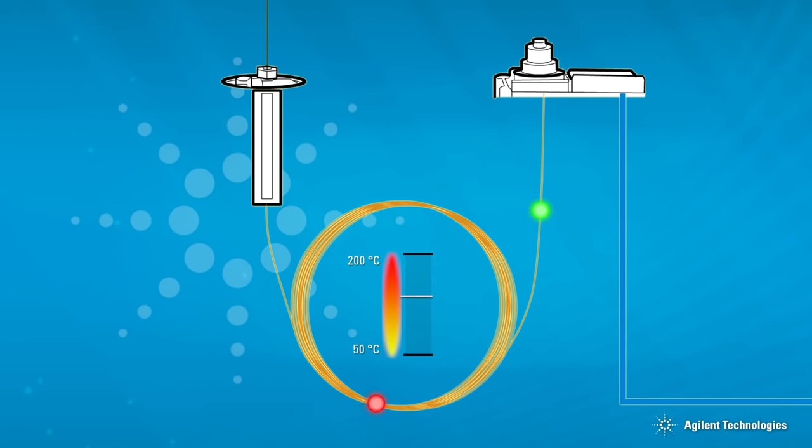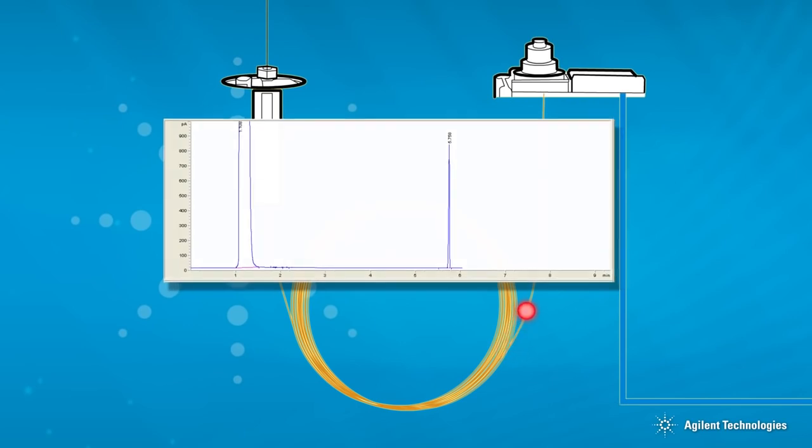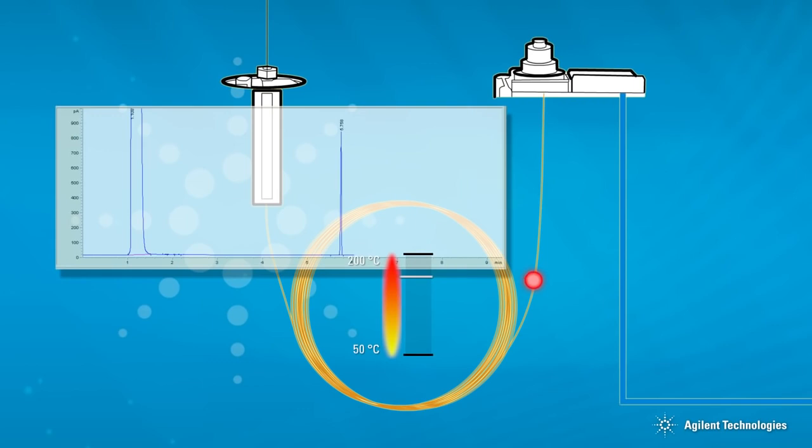The oven temperature is programmed up and the separation continues. The first component reaches the detector and a peak is displayed on the integrator or ChemStation. The height of the peak or the area under the peak will be used to determine the amount of each component in the original mixture.